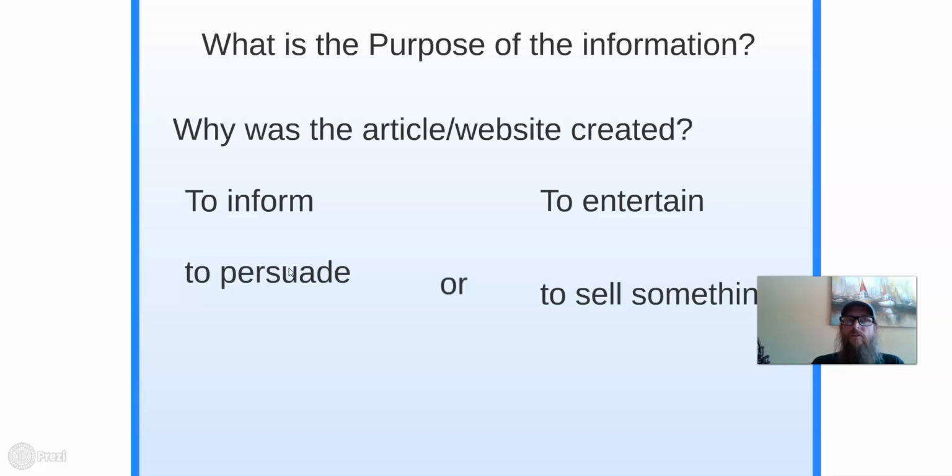If you are looking for information about social media, you probably don't necessarily want to use a site that is working to sell you a social media rep for your company, right? Their purpose is not, I don't think pure is the right word, but their purpose is not as beneficial to you as these are, right? But I think most of us can tell purpose, even though that's the last letter.